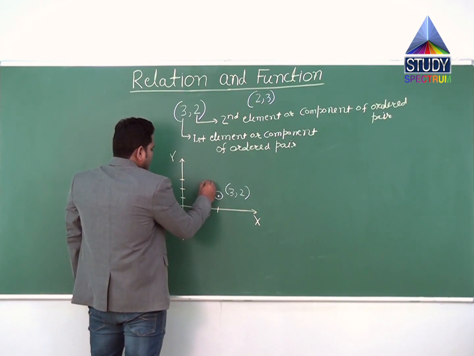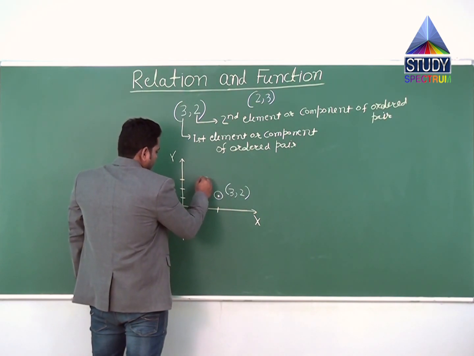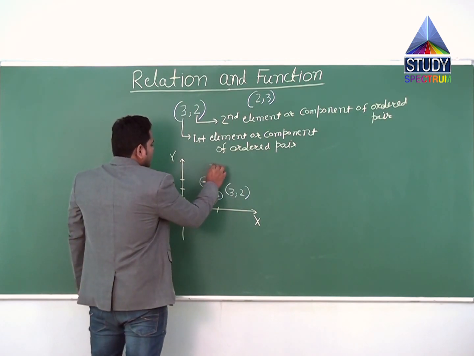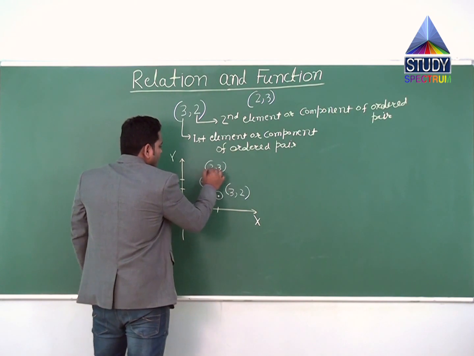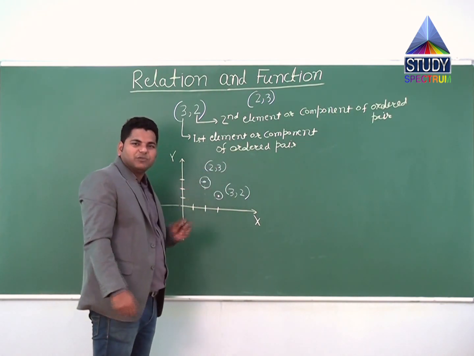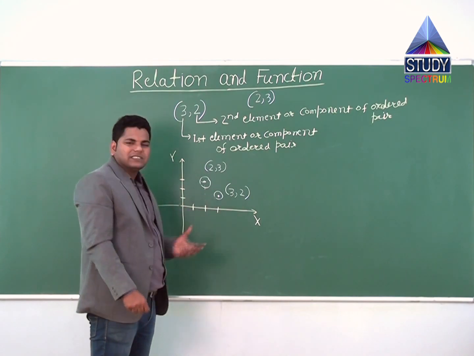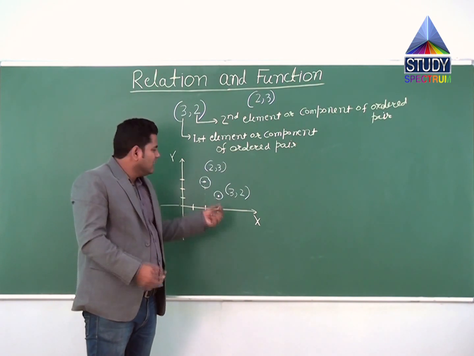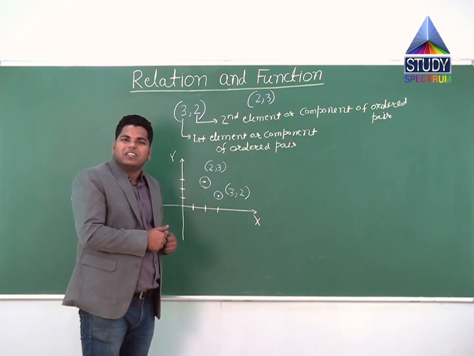So this is the point (2, 3). This point and this point are two different points. So we can say that when you interchange the order of the first and second component, you will get a different or new ordered pair.